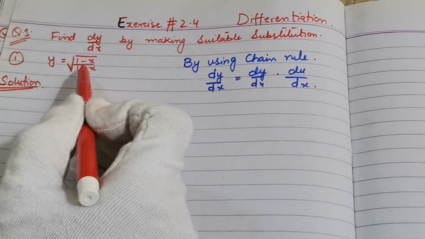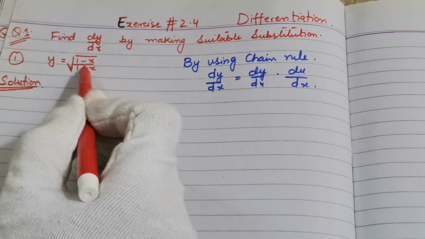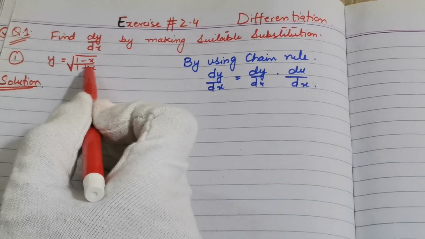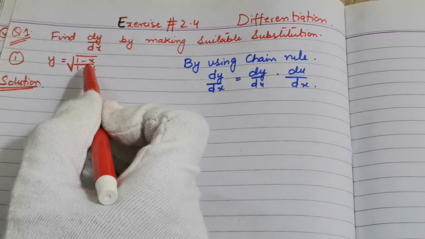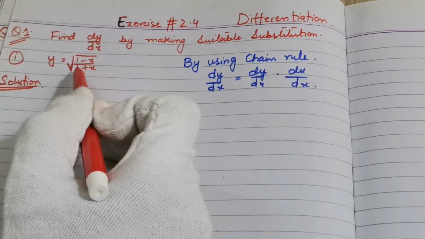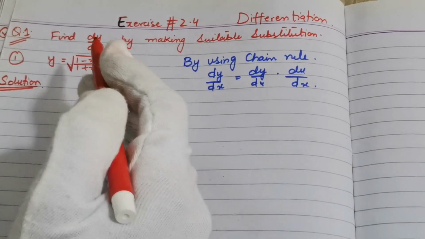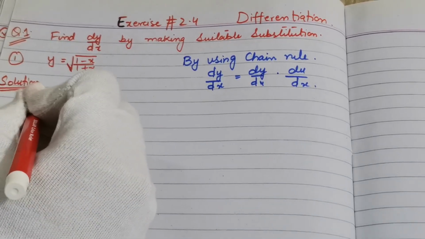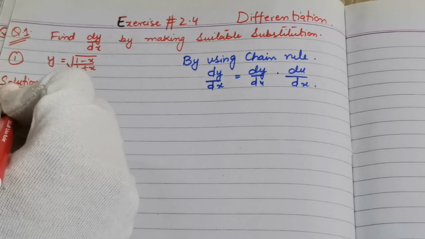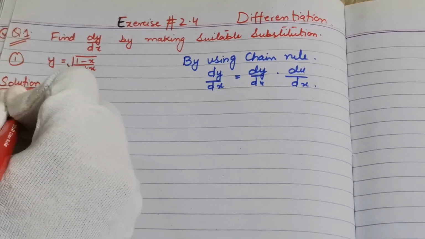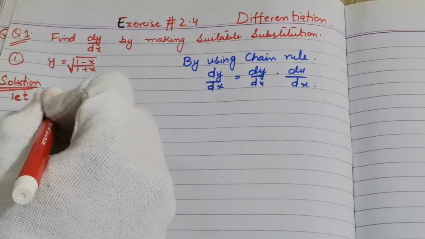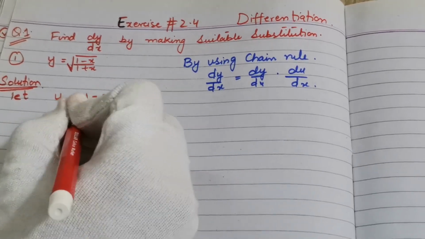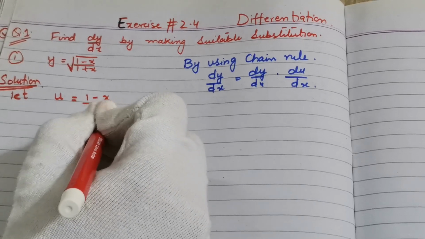It means this whole term we will let as a new variable, then we will sort it out. Now let's solve. Y is equal to this. Suppose u is equal to (1 minus x) divided by (1 plus x).